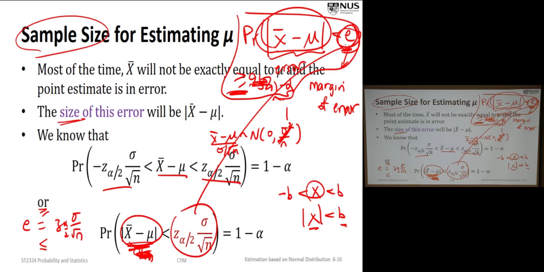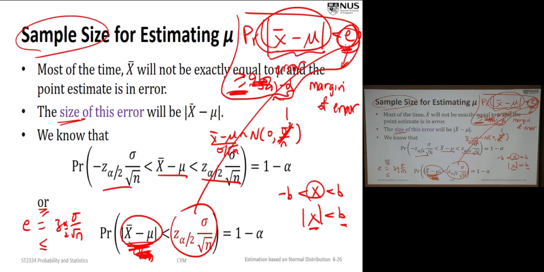If I say that the chance of the absolute value of this random variable being less than 2 is 90%, and now I change 2 to 2.5, what can you say about the probability?